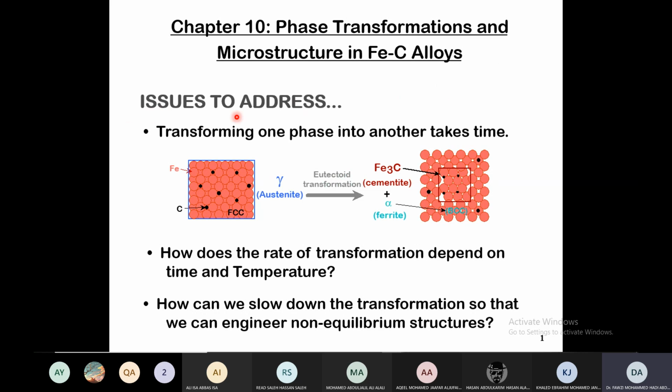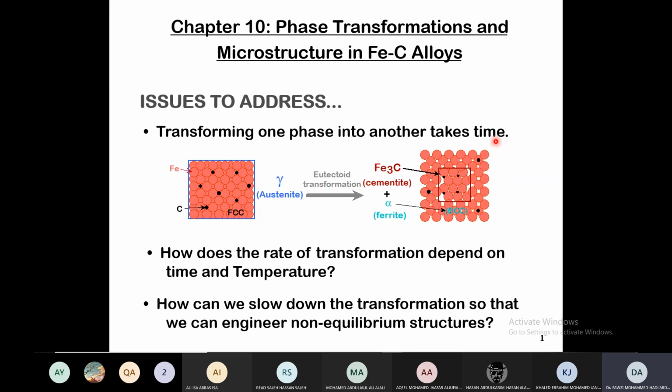So what are the issues that we are going to address here? Very importantly, transforming one phase into another phase takes time. As a precondition for the phase diagram, we already said that if we follow the conditions there, like that the equilibrium is continuously maintained from the beginning to the end of the heat treatment of the material, then the phase diagram can give us the predictions of what the microstructures will be.